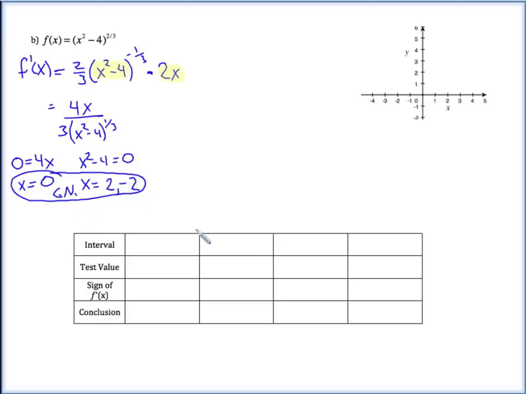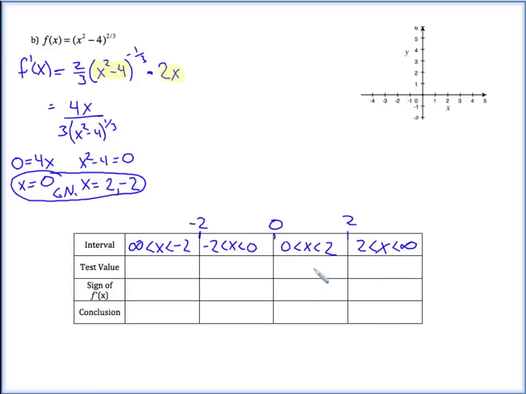So we're going to put those at the points of our intervals, here, here, and here. So we have negative 2, 0, and 2. And our intervals are going to happen in between this. So this is on the entire real number line. So the intervals are negative infinity to negative 2, from negative 2 to 0, from 0 to 2, and then from 2 to infinity.